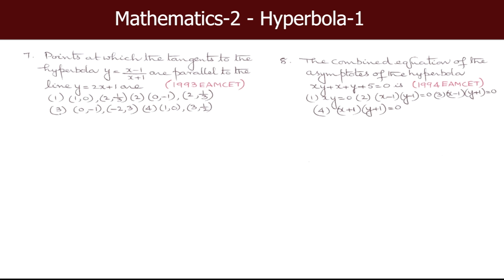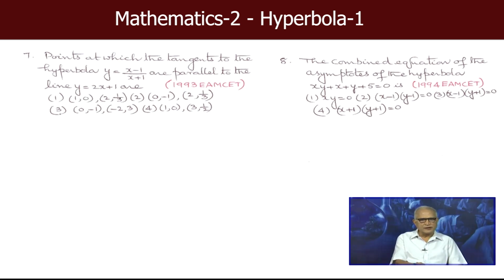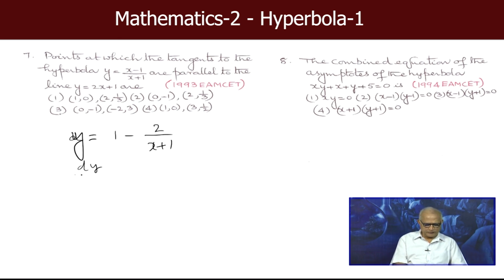Tangents are parallel to the line means what are the points on this hyperbola at which the tangents have slope equal to 1. Use calculus, d by dx of y equal to 1 minus 2 by x plus 1, that is x minus 1 by x plus 1, d by dx equals 2 by (x plus 1) whole square.